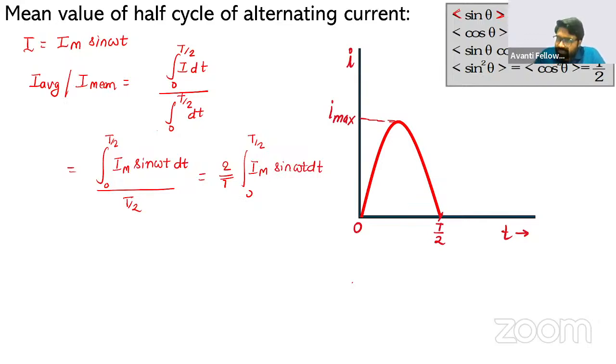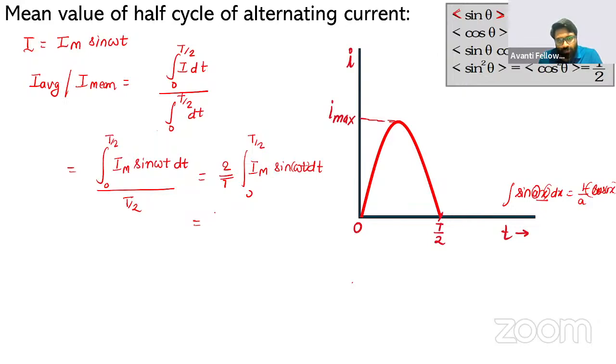Integration of sine theta is minus cos theta, so here it will be minus cos omega t. But since this is also a function of omega t, this omega will divide. Always remember the integration of sine ax is minus 1 by a cos ax. So whatever quantity is multiplied with this variable, the final resultant value should be divided by it. Clear?